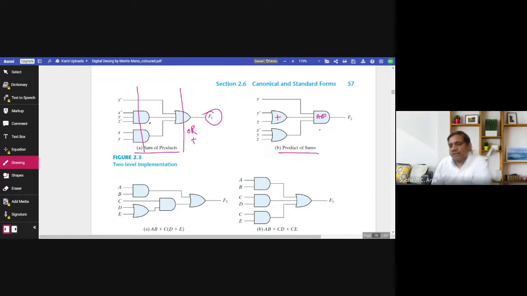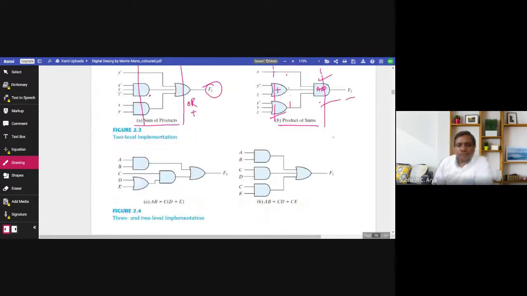So it is a product of these sums, that is why it is called product of sum. And this is also two level. To get the output F2, an input has to pass two levels of gates, level 1, level 2.